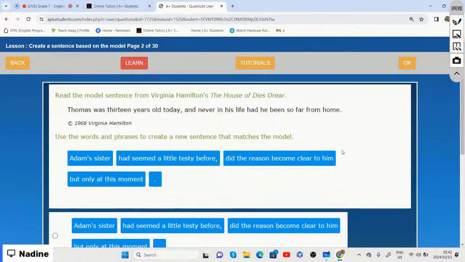All right. So with our model sentence in the next one, it says Thomas was 13 years old today, and never in his life had he been so far from home.